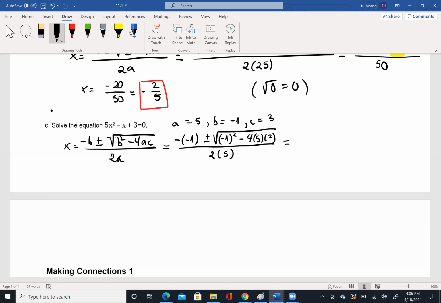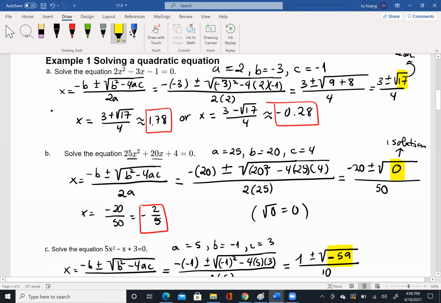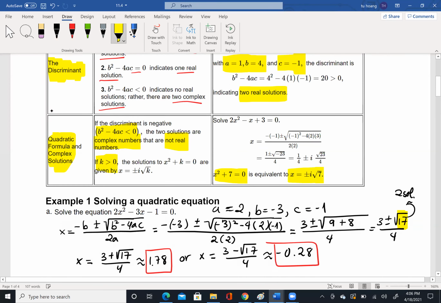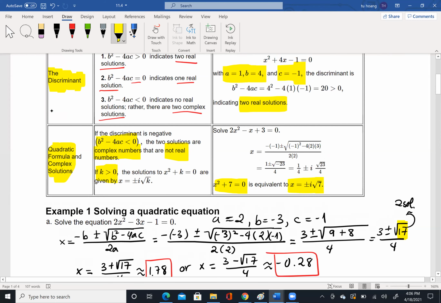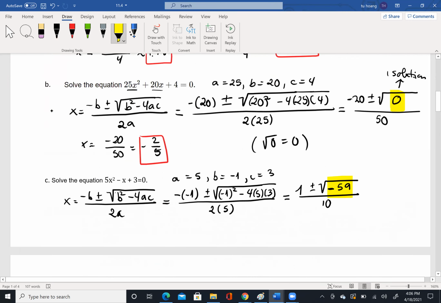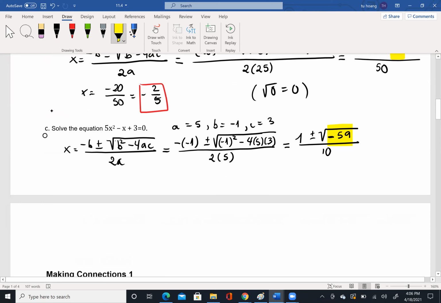So I have 1 plus or minus the square root of negative 59 divided by 10. And you see over here the discriminant, right? The discriminant is less than 0. What happened? I'm going to have no real solution. Okay, we're going to get the two complex solutions later.